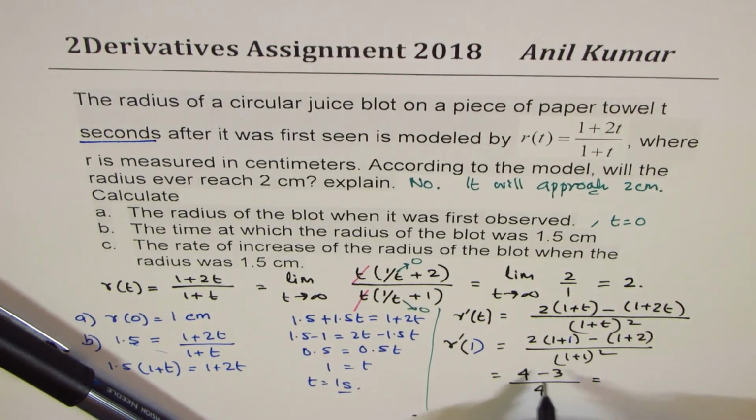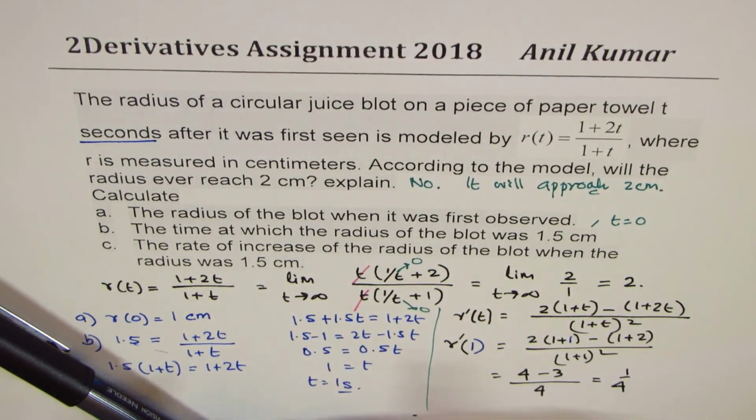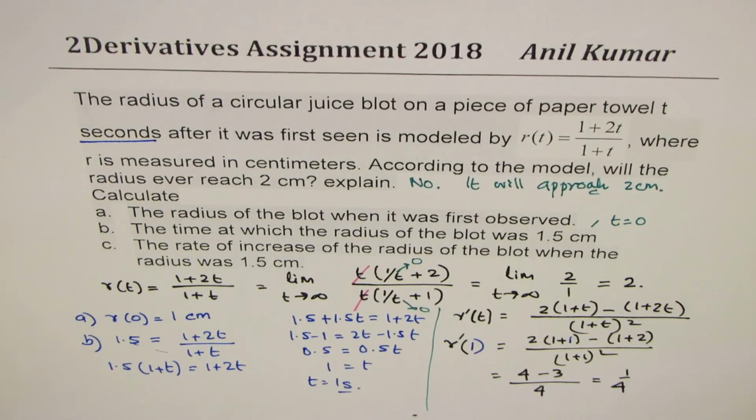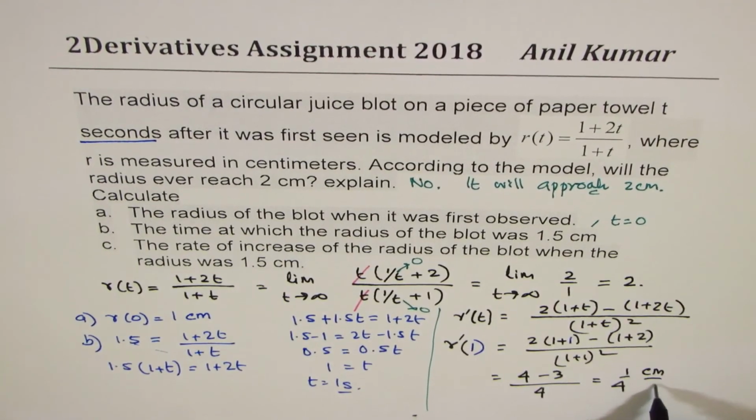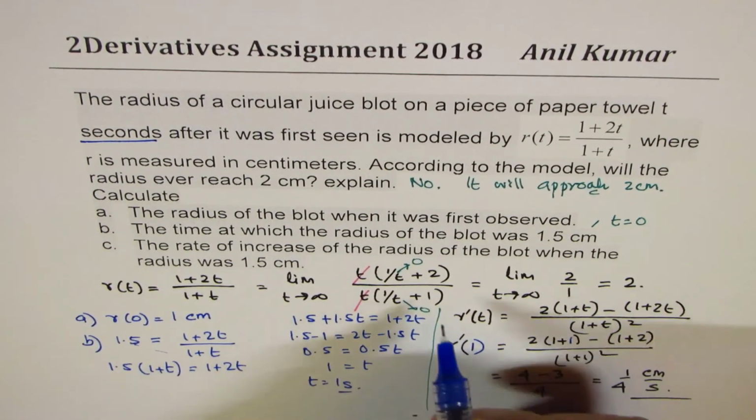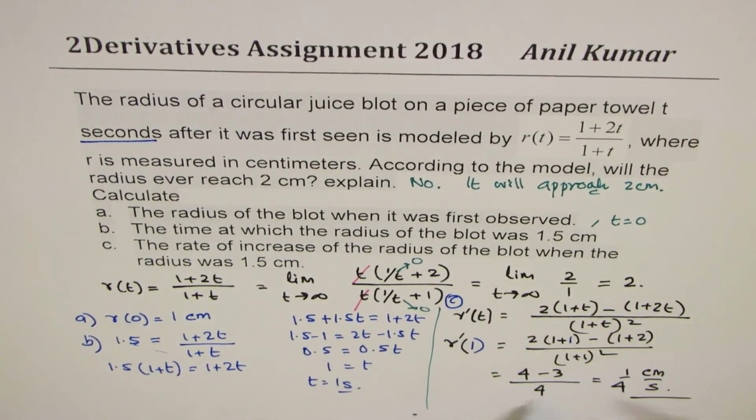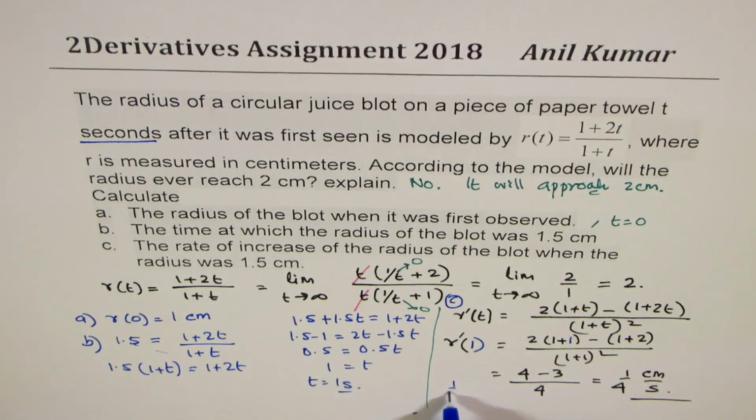So it is 1 over 4. The radius is increasing at the rate of 1 over 4, and the units are centimeters per second. So the answer is it is increasing at the rate of 1/4 centimeters per second. That becomes your part C.